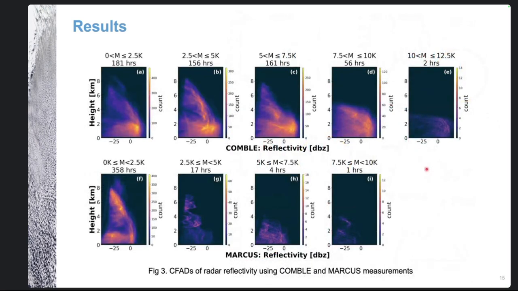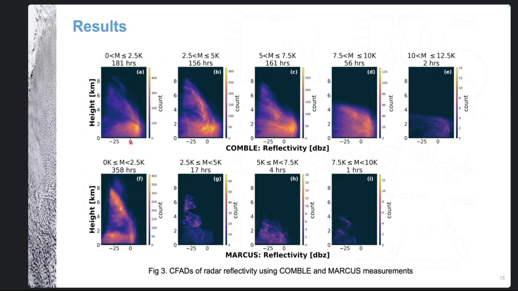So let's look at how the cloud structures vary with this M index. Here is the CFAD, the contoured frequency by altitude diagram. The CFAD of radar reflectivity shows how the radar reflectivity frequencies change at different height levels. Each subplot is divided into different M ranges.